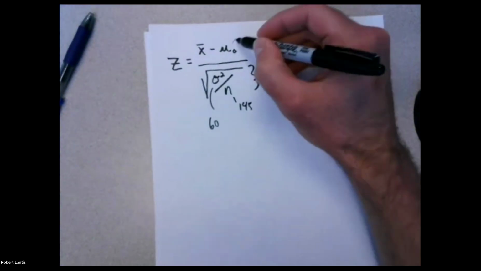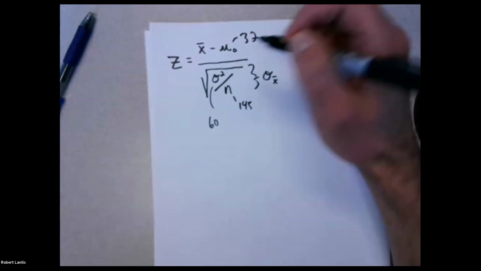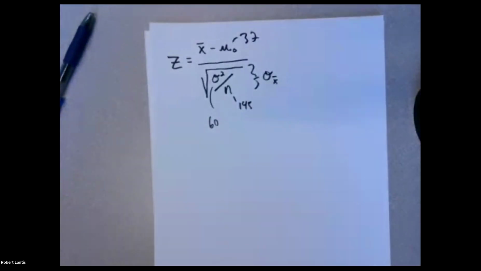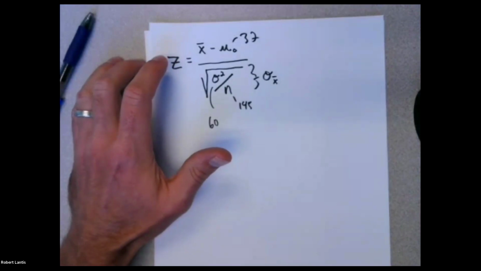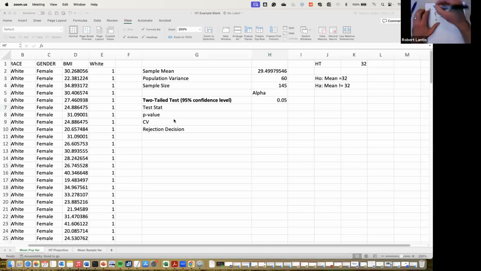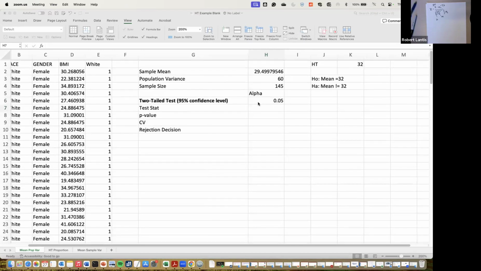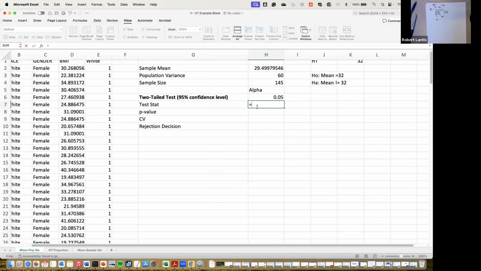And then this was our hypothesized true value of 32. We found, I forget what it was, 29.4. So it is a matter of plugging all those values in, using Excel to be our calculator. There's no built-in function for this.